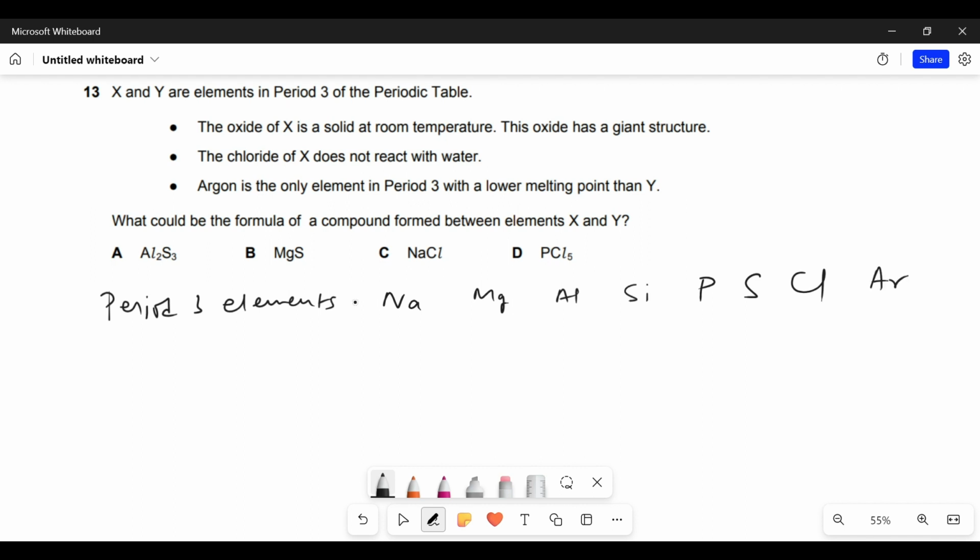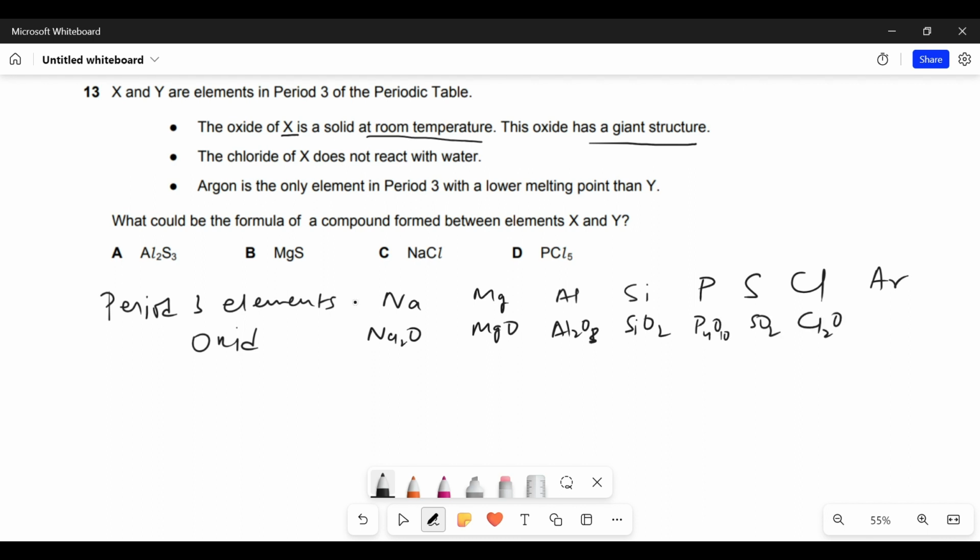The first statement says that the oxide of X is solid at room temperature and has a giant structure. Oxides. For sodium it will be Na2O, magnesium oxide MgO, Al2O3, SiO2, P4O10, SO2, Cl2O7, and argon is a noble gas.